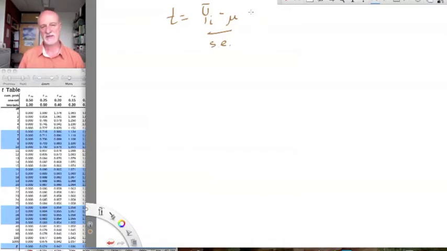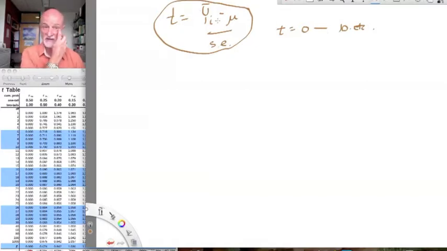And we said it was just that this ratio is distributed as t. And so t can take on a value between 0 up to some fairly high values, 10, 20, etc. The higher the value, the more likely it is that we can reject the null hypothesis, and more likely we'll be correct in doing so.